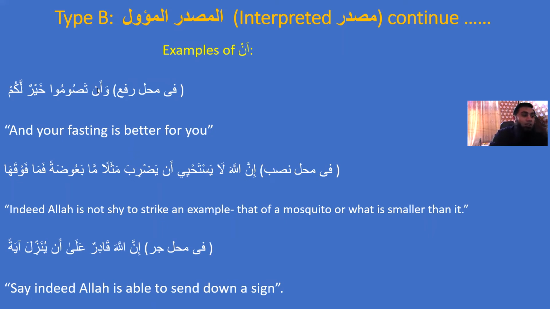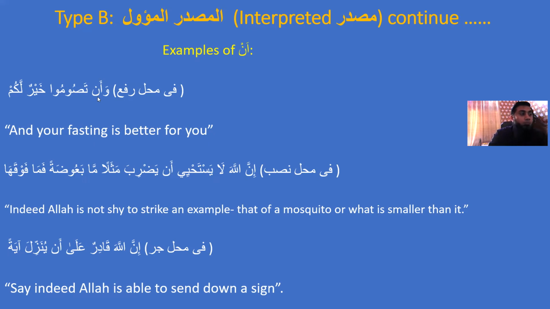Okay. And because of this harf nasab, tasumuna has become what? Tasumu, because it's harf nasab. It will make mudare mansoob, and that's why tasumuna has become tasumu. So this an will be called an masdariya. You can call it both things, an harf nasab wa masdariya, and tasumu fi'l mudare mansoob.